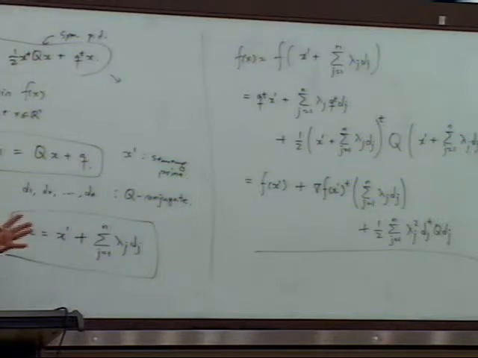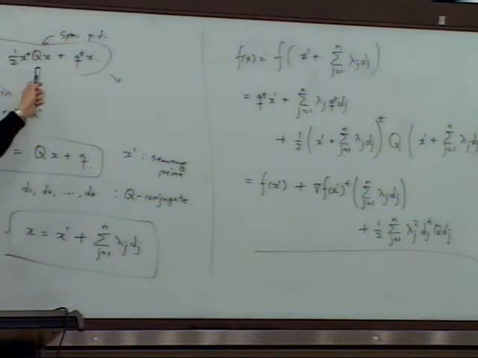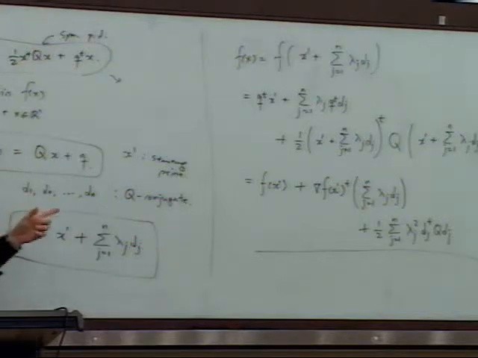An n-dimensional to one-dimensional mapping, and if it has this kind of quadratic form with a symmetric positive semi-definite Q, there are linearly independent conjugate directions.